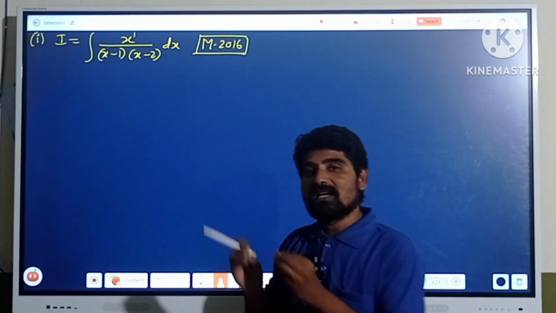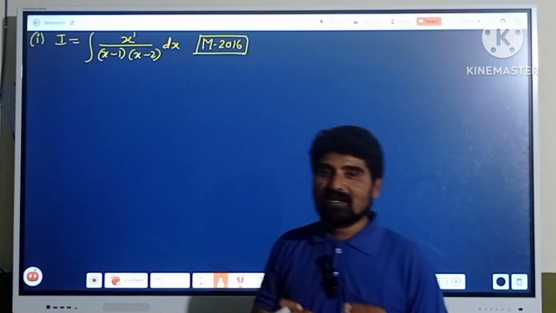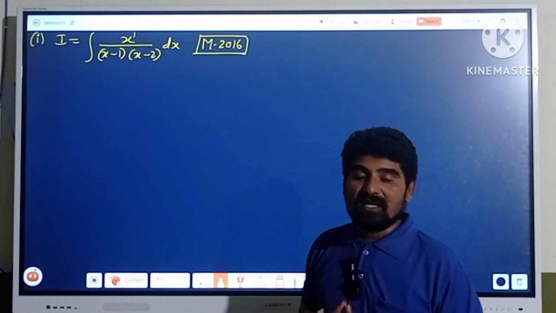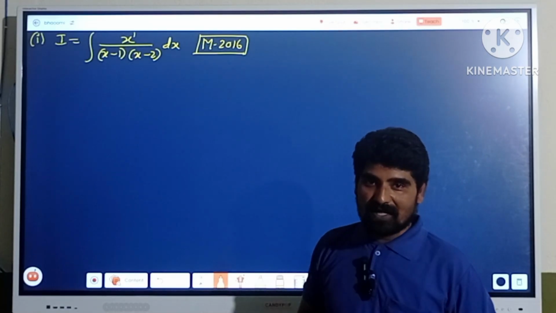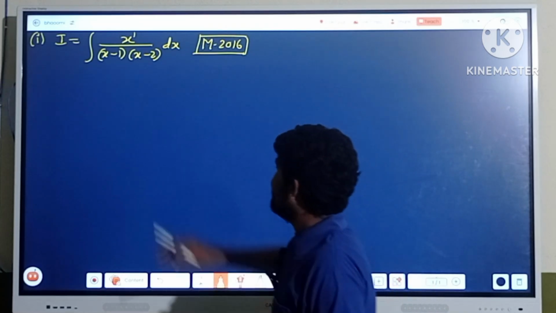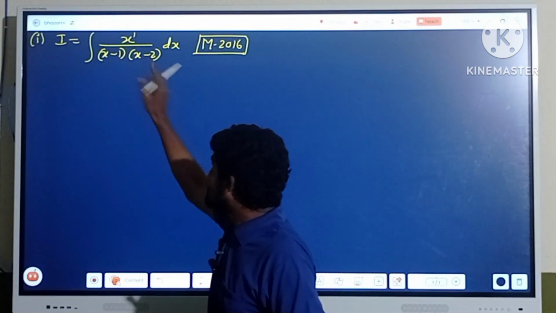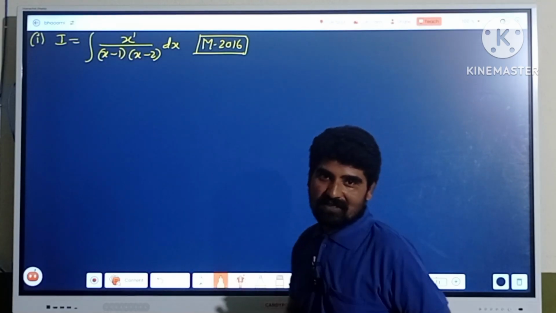If the given integrand is a proper rational function, then only can we solve it by using the partial fraction method. Otherwise, we can't. If it is improper, first we need to convert it into the proper rational format. Now observe, this proper rational function has, in its denominator, two linear non-repeating factors.